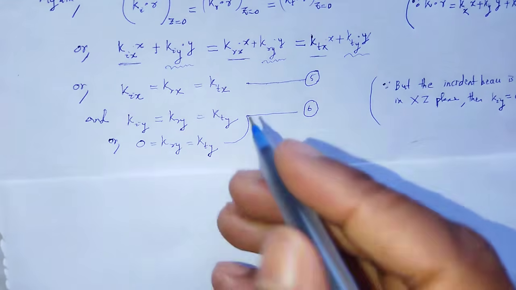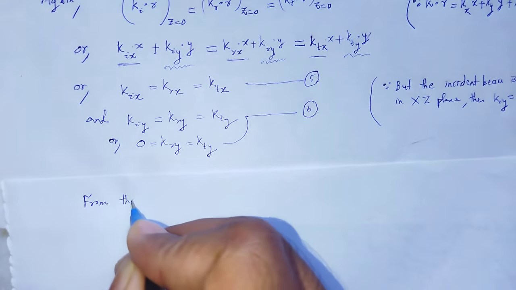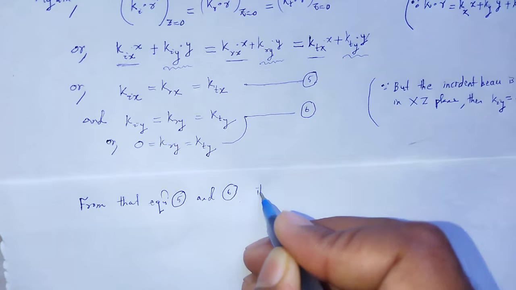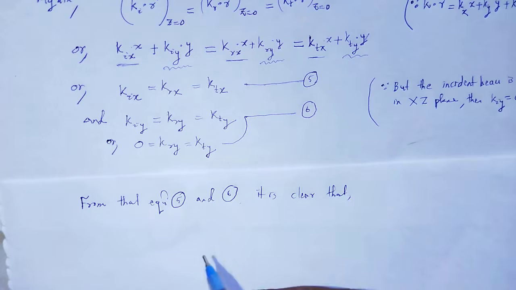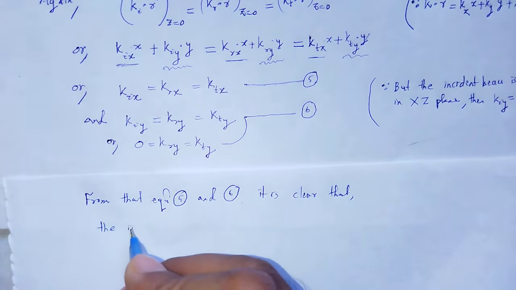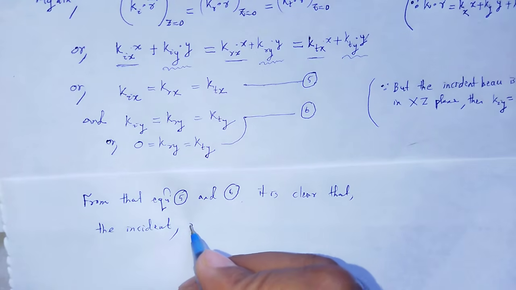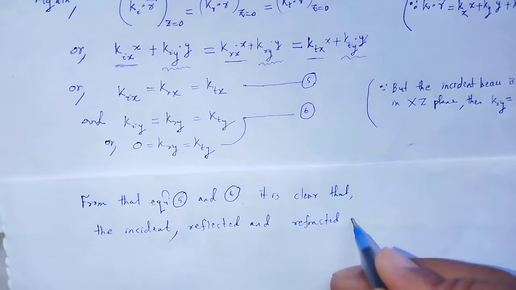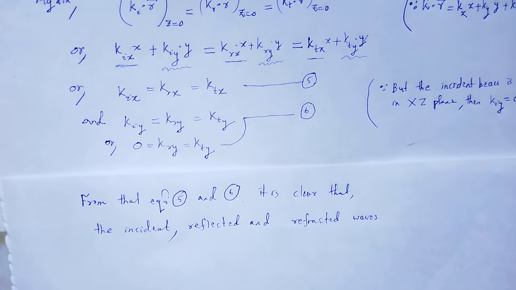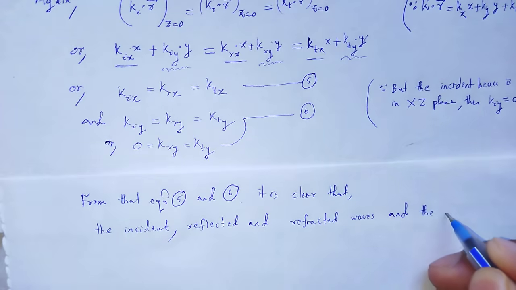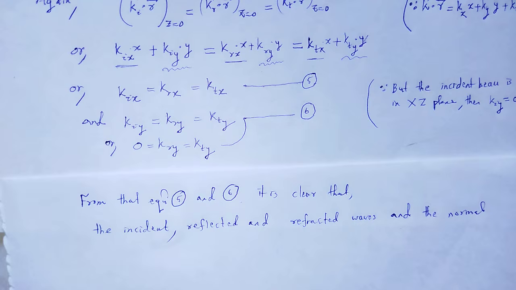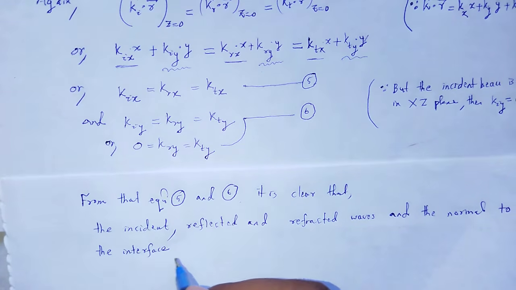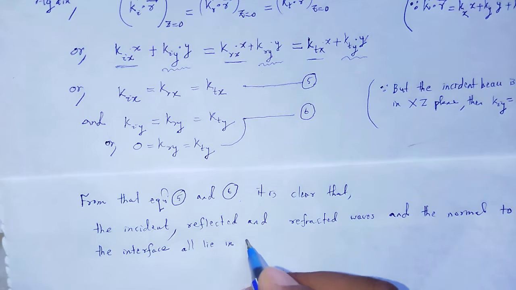From equation number 5 and 6, it is clear that the incident, reflected and refracted waves and the normal to the interface all lie in the same plane.